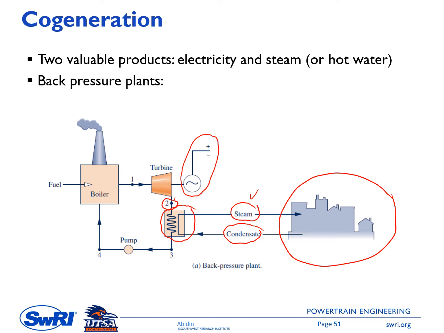If you want a high steam temperature, we need to have the pressure at state 2 such that the saturation temperature at that pressure is higher than the targeted steam temperature. For sure, by increasing the pressure at point 2, the turbine power decreases.